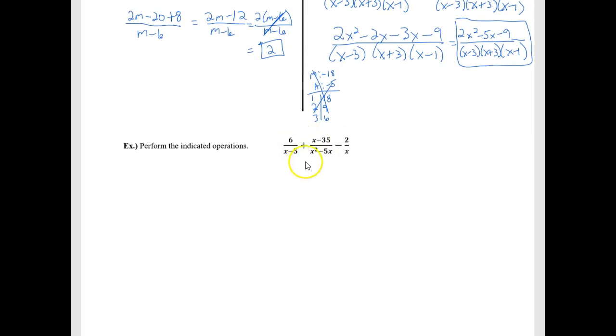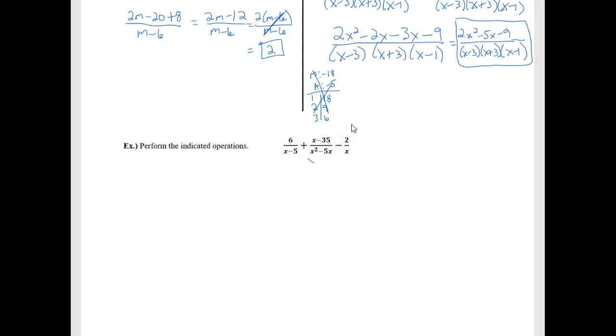Alright, one last one here with addition and subtraction. Since this is all adding and subtracting, they all have to have a common denominator. This first one is factored as far as it can go. The last expression is factored as far as it can go. The only one we need to look at is in the middle.